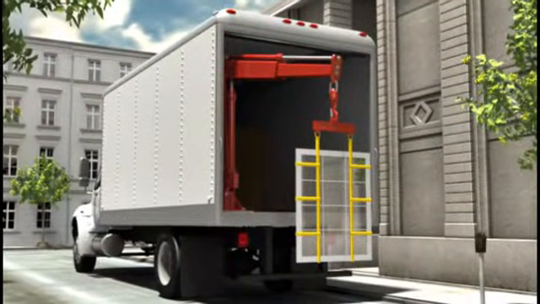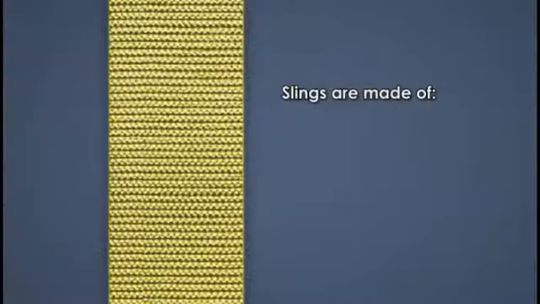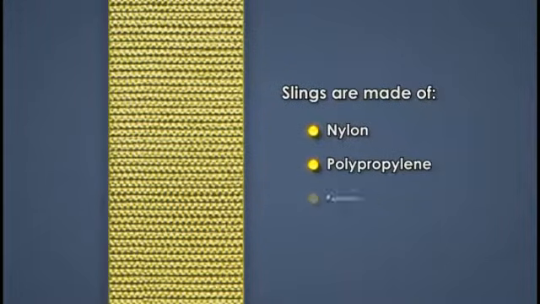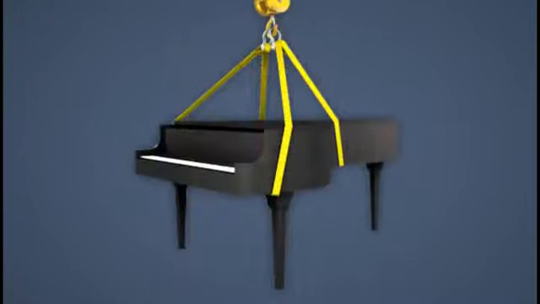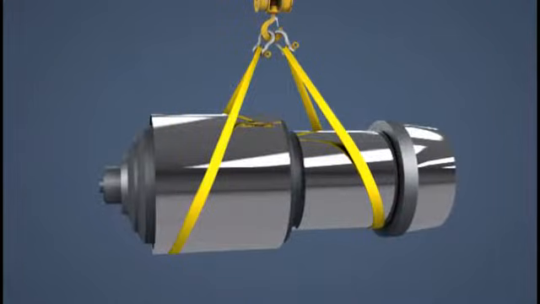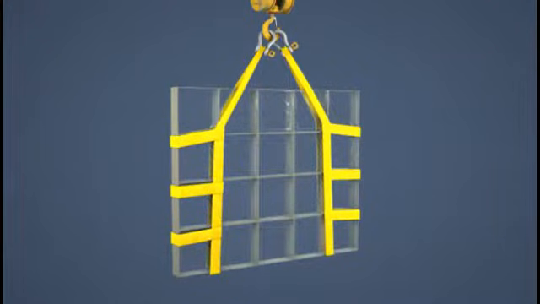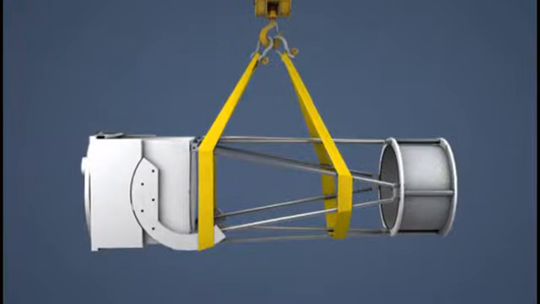The most commonly used synthetic fiber slings are made of nylon, polypropylene, or polyester. Because of their softness, synthetic slings are the best choice for use on expensive loads, highly finished parts, fragile parts, and delicate equipment.